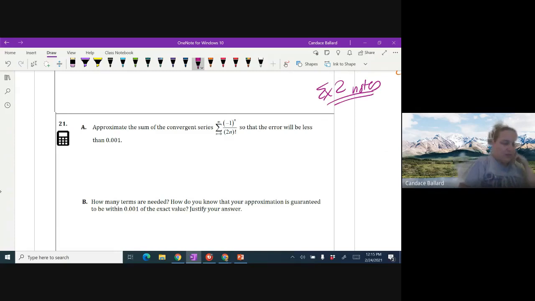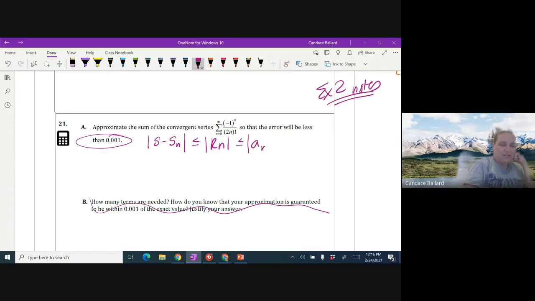Okay, so we are going to approximate this sum so that the error is less than this. I'm not worried about this piece, so you can cross that question out. I'm going to try to set this up the way we did in the notes. We have the sum minus S sub n, which we know is less than or equal to the remainder, which we know is less than or equal to the next term, the first skipped term.